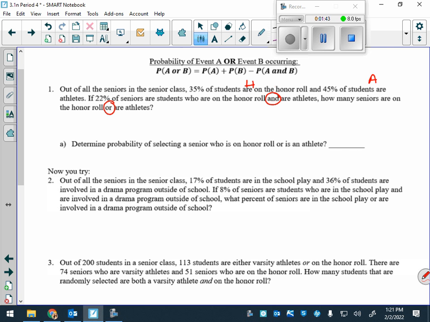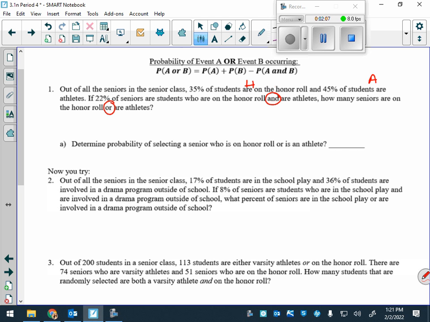Now, one thing here is sometimes your percentages might be over 100%. Like we actually saw, we would double count. That's what's happening here. So we want to subtract something called the overlap, which is the and, what they have in common. So you could use this formula. We actually did it the other day with the Venn diagram.